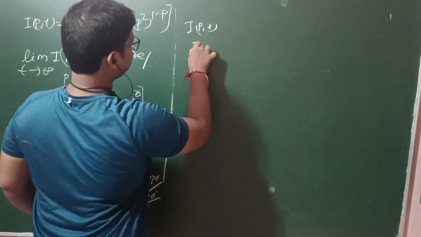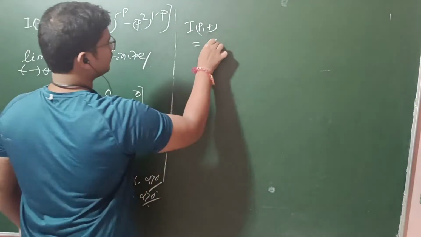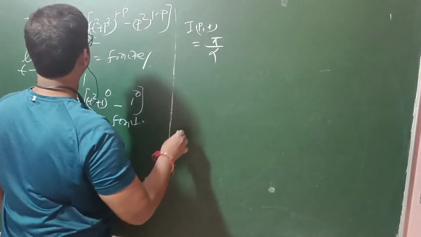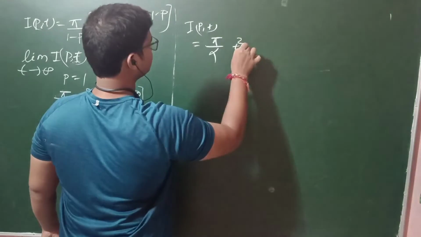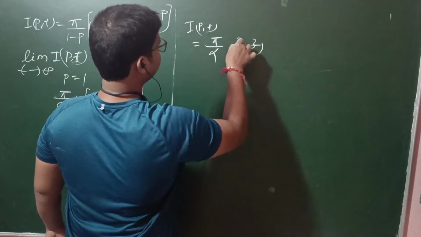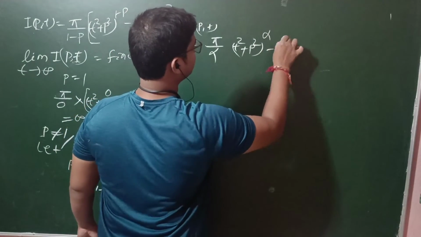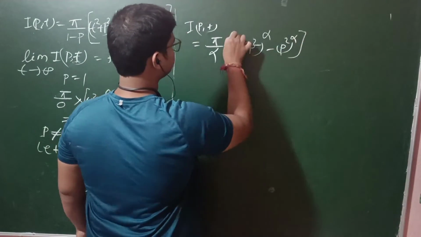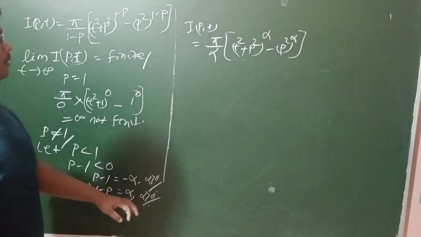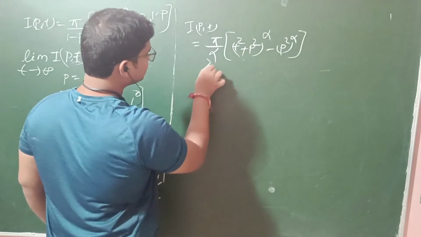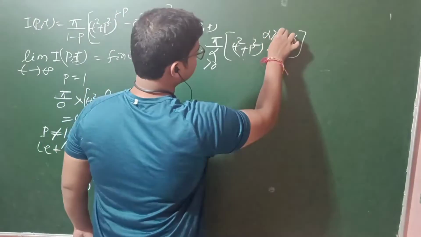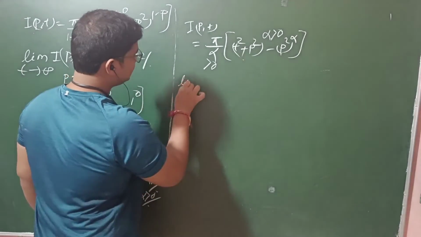Now I p t equal to pi by alpha into t square plus p square to the power alpha minus p square to the power alpha. This is greater than 0. This also greater than 0.